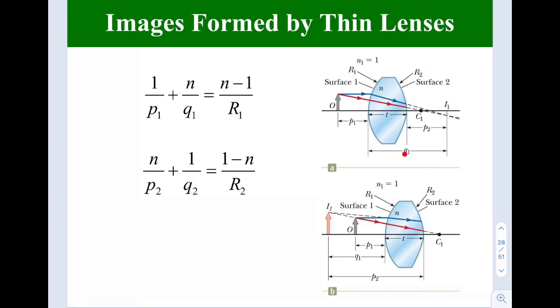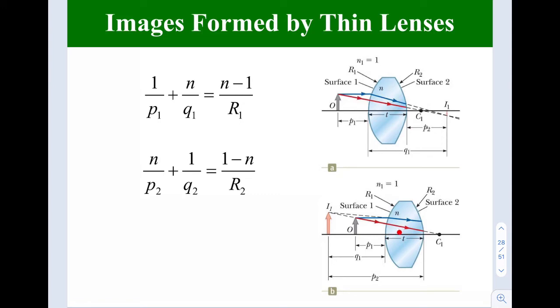It must have P2 equivalent to negative Q1 plus T. If the image from surface 1 is virtual, as in figure 35.22b, we see that P2 is equivalent to negative of Q1 plus T, where we have used negative of Q1 because Q1 is a virtual object.